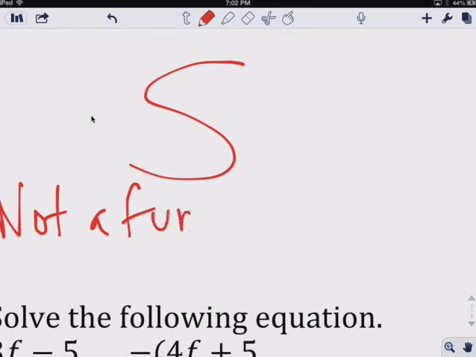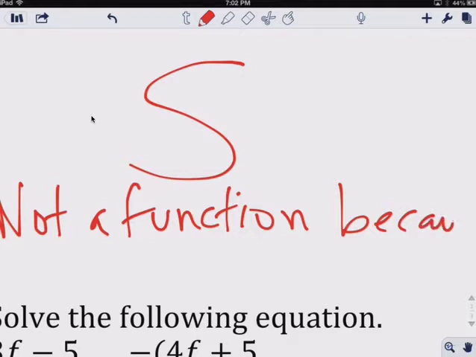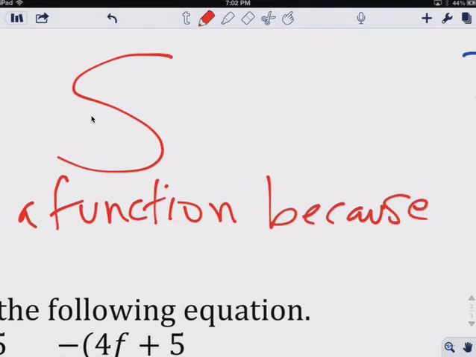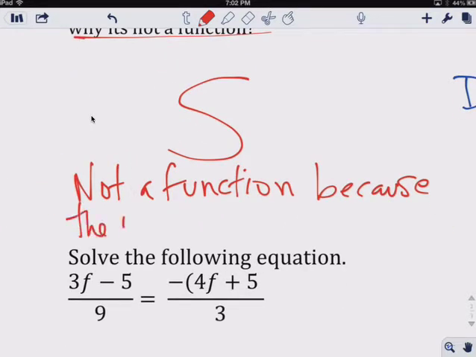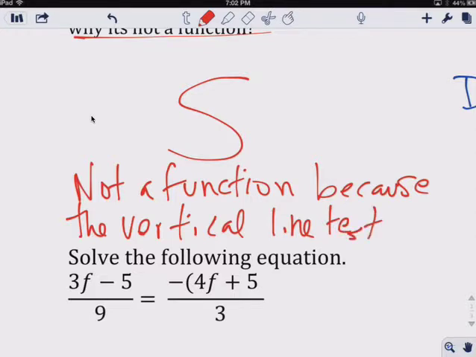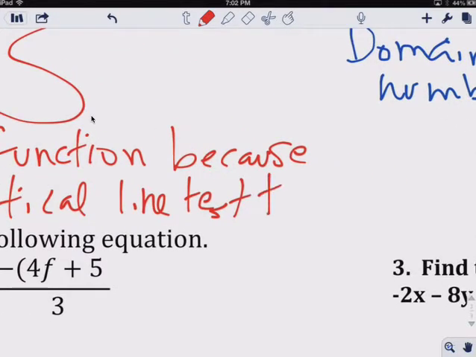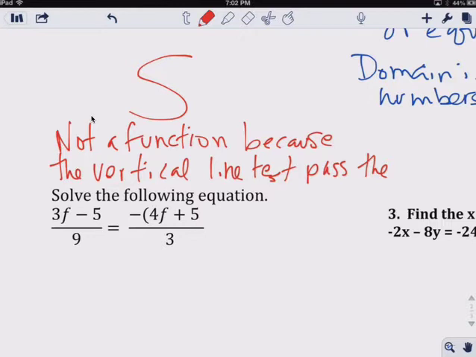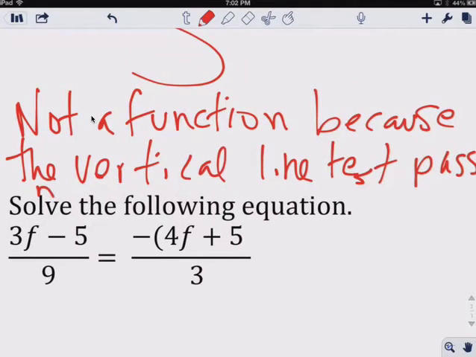Not a function because the vertical line test passes the graph more than once, more than one time.